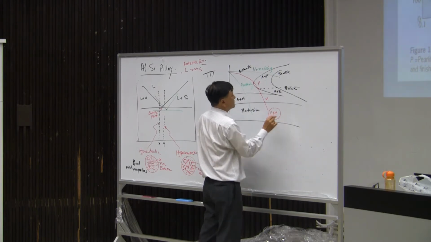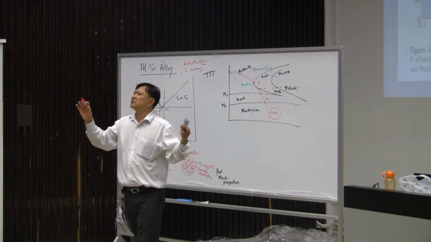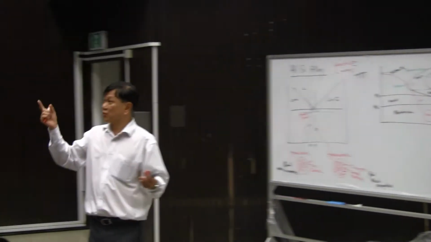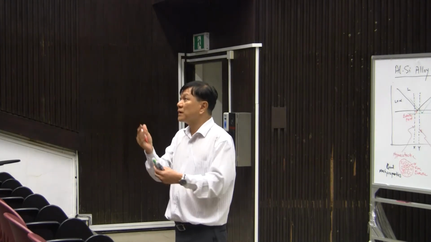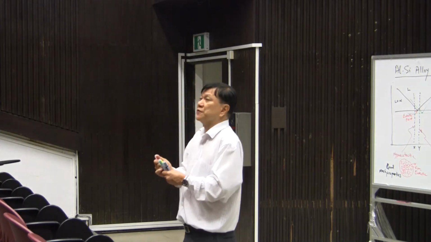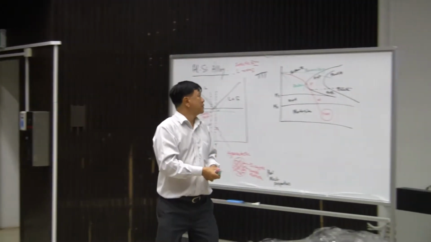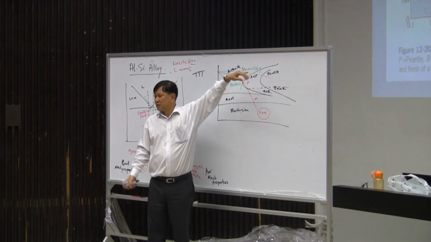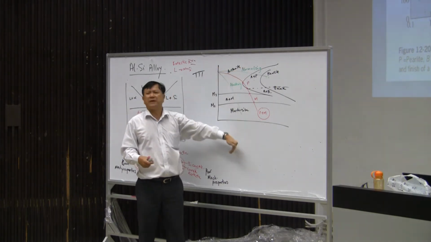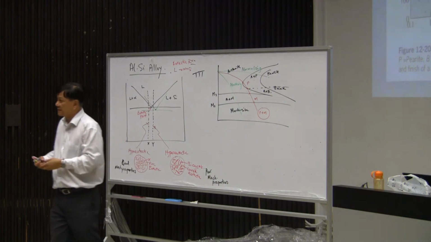Pearlite plus what? Martensite. It is not fully hardened. Your cooling rate is what? Not fast enough. Are you following me or not? If your cooling rate is even slower, then it becomes what? Normalizing. You need to have a very fast quench rate to give you what? Hardening. Okay?